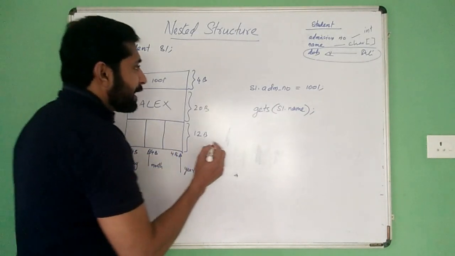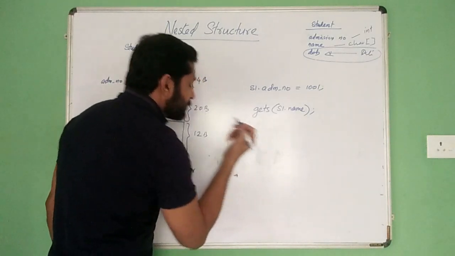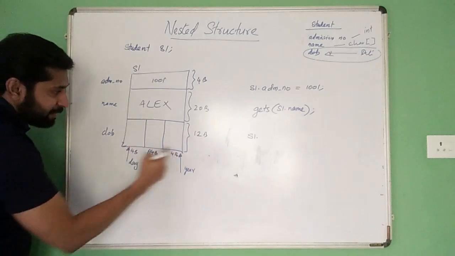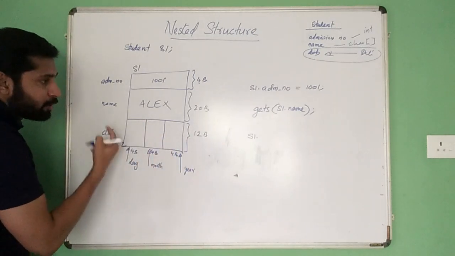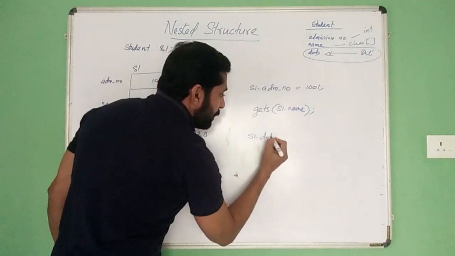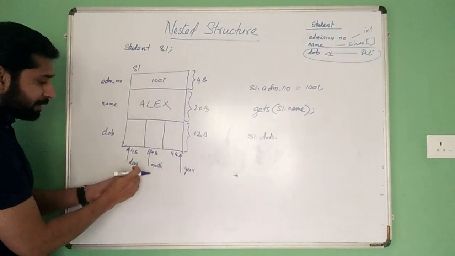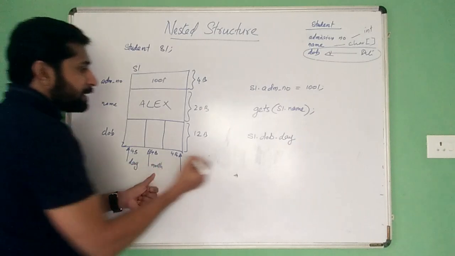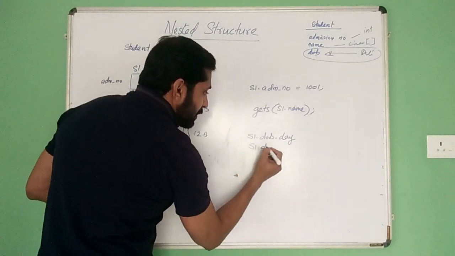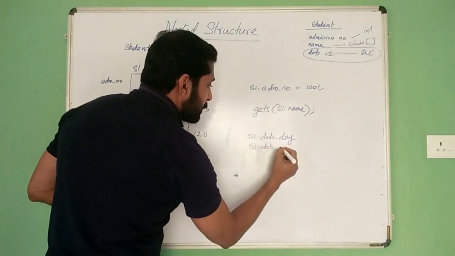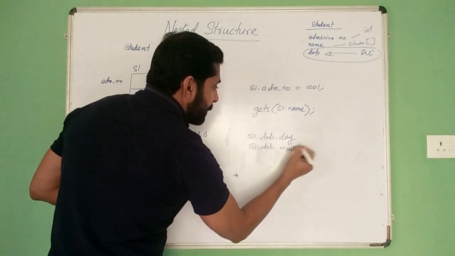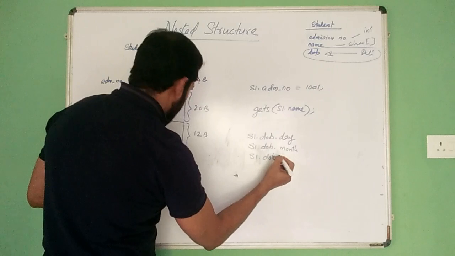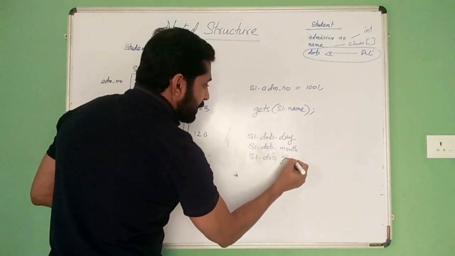So we have to write statements like this: S1 dot DOB dot day, S1 dot DOB dot month, S1 dot DOB dot year.